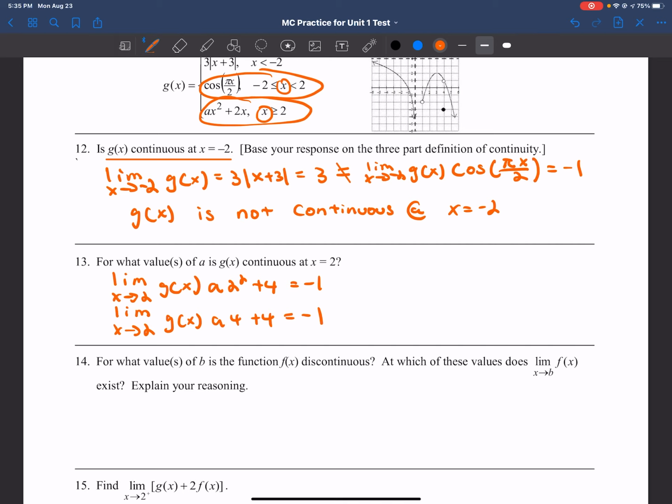So if we move the 4 to the right side, a 4 equals -5. And so a has to equal -5/4. So that is the answer.